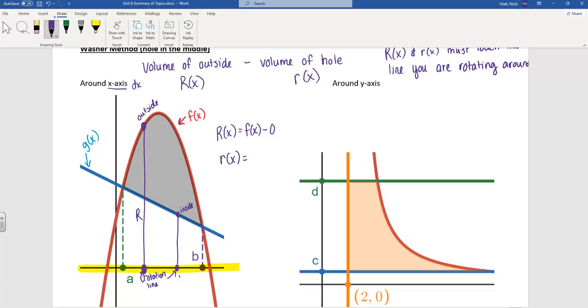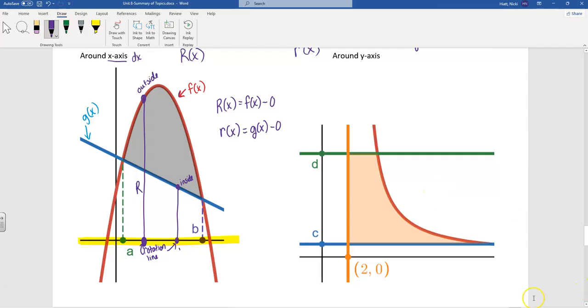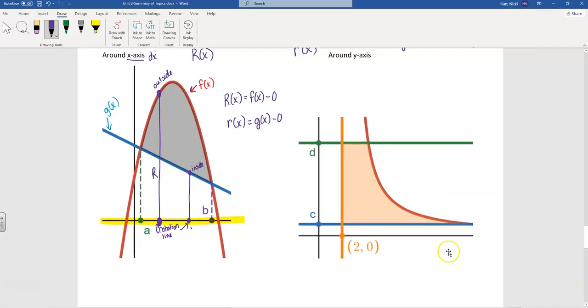So here, that's going to be g of x minus 0. When you're doing x-axis, both of those numbers are going to be 0, right? So, for your volume, make these pictures kind of big, zoom out a little bit. For your volume, you are going to do pi integral of capital R of x, which in this case is just f of x squared.